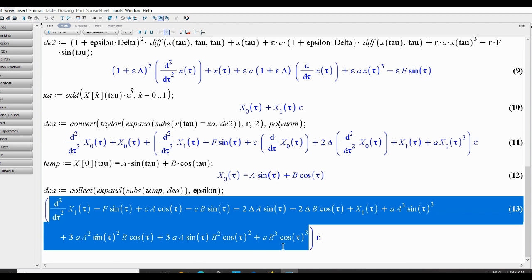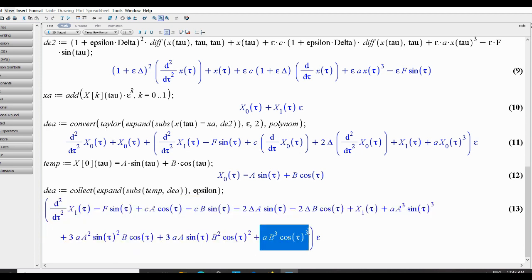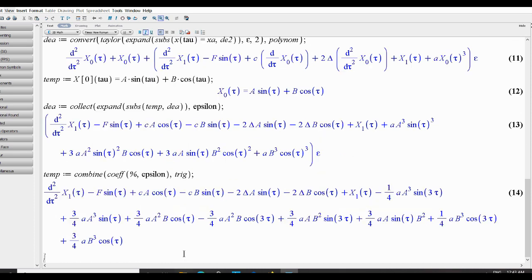Okay, and now it has got this cos cube tau and sine tau, cos square tau. It's got all these things here, but what I will do is I will say temp is equal to the coefficient in the previous of epsilon, but what I will do is I will say combine with trig identities, and you see now here is x1 double dot and here is x1, and the rest are like forcing terms.